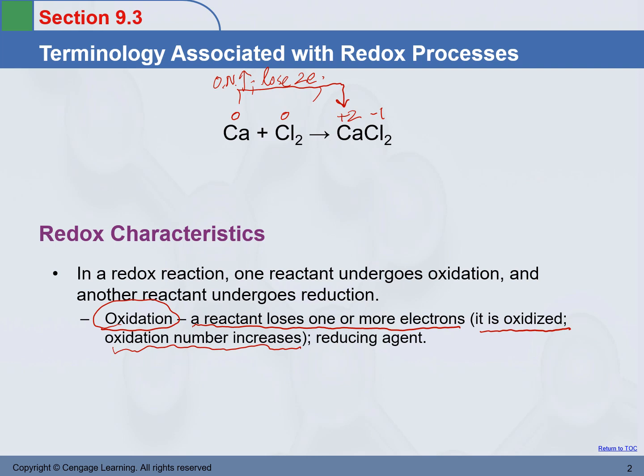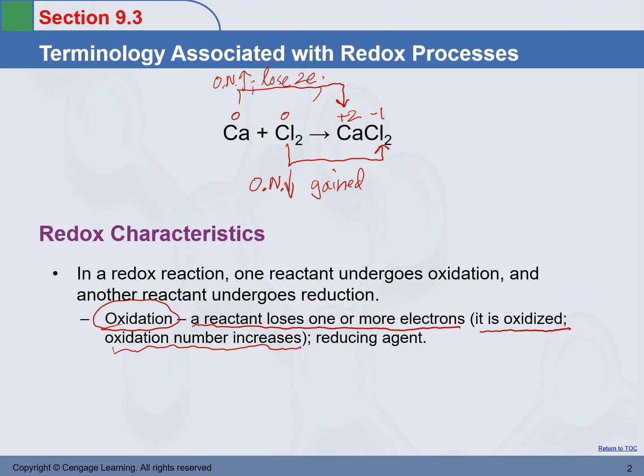Now, if we focus on chlorine, what happened to chlorine? The oxidation number of chlorine decreased from 0 to -1. It gained electrons. How many? Well, chlorine changed from 0 to -1.